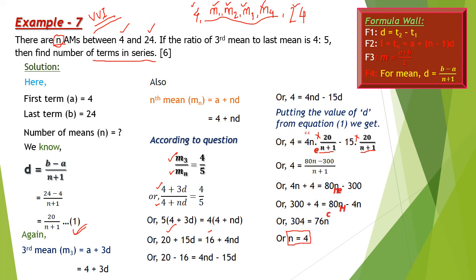So the number of terms in the arithmetic series is 4 plus 2 equal to 6. Now that 2 is the extreme terms, isn't it? The first and last term. So this concludes our example 7. You can pause the video. You can do it. It is a very important question.